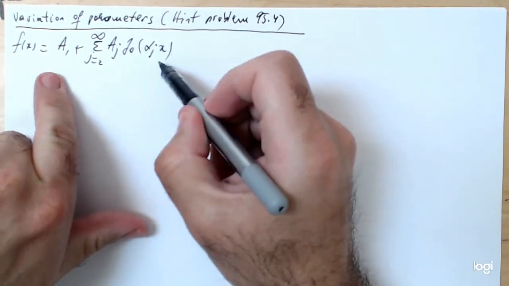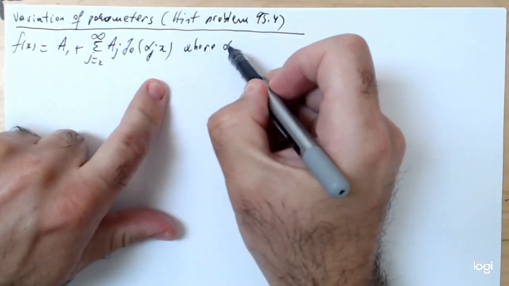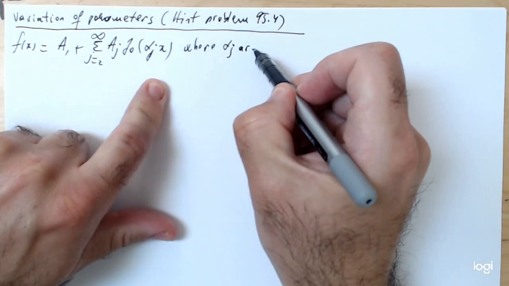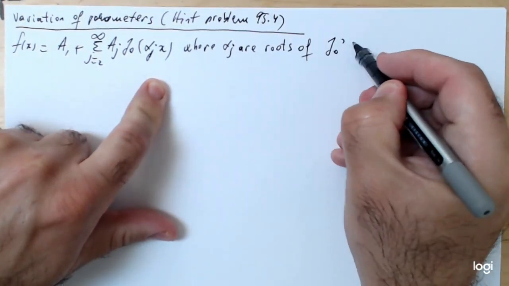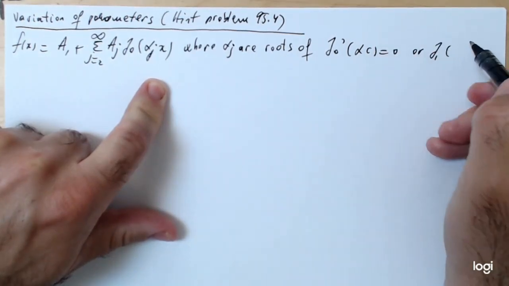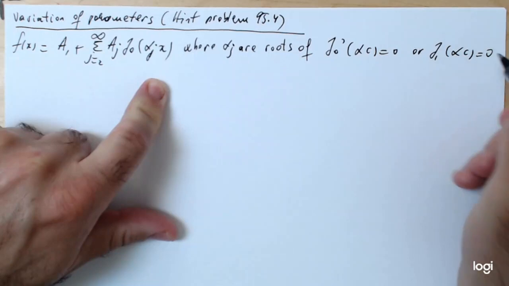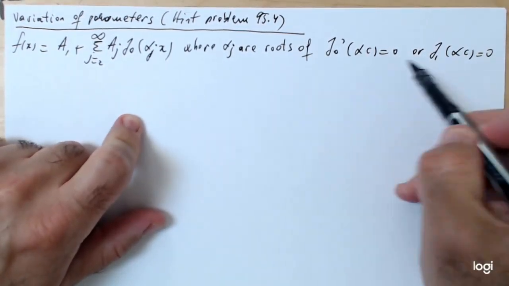So a function can be written in terms of this series where alpha j are the positive roots of J0 prime of alpha c equals 0, or equivalently, because of the relation between J0 and J1, J1 of alpha c equals 0. So these two are equivalent, right?